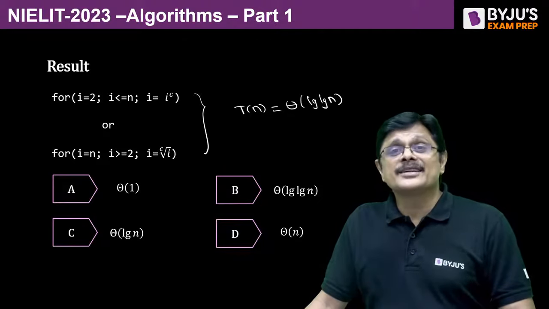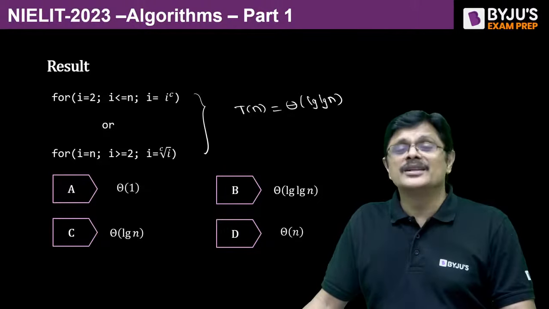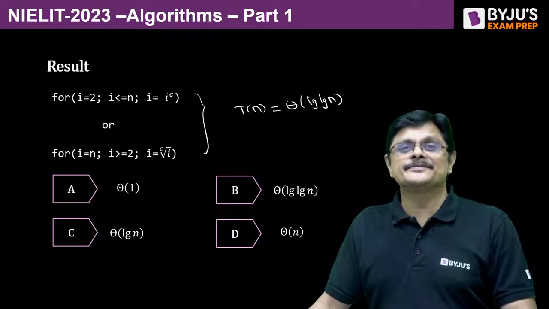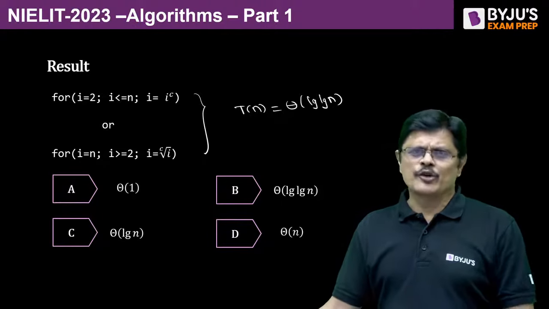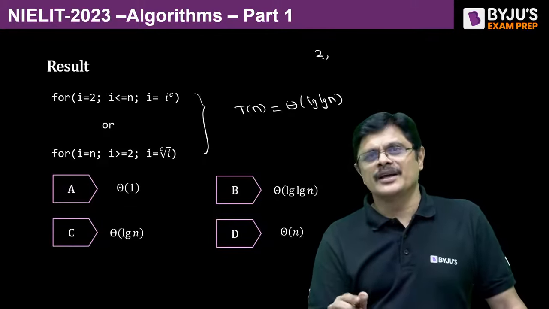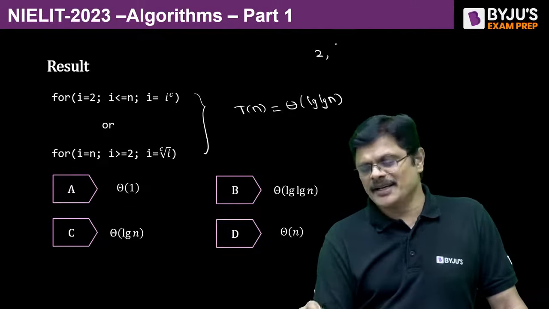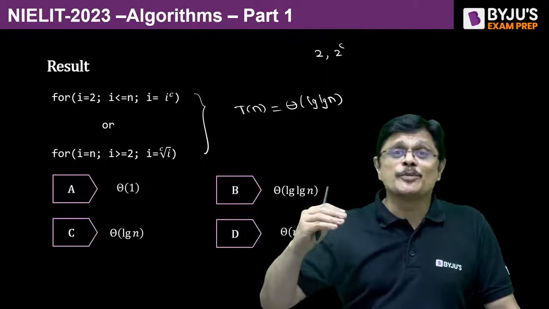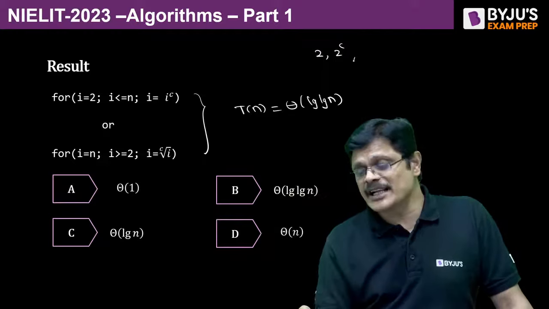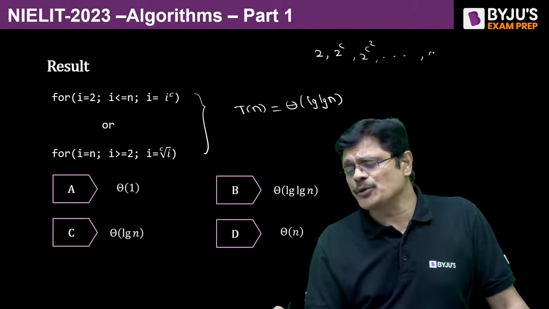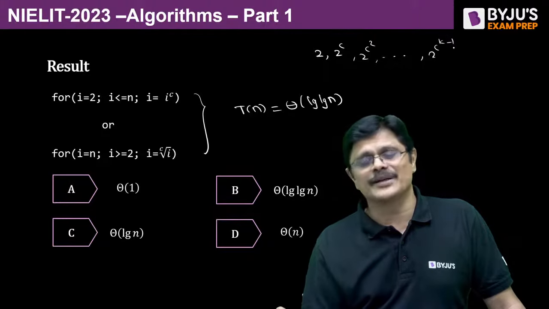Is that clear, sir? Hope you all understood. The logic is clear. Of course, if you want to understand the logic, you have to see how it goes. Suppose it is power c: first time it is 2 power c, and next time it is 2 power c whole power c, which is nothing but 2 power c square, and it continues like 2 power c power k minus 1.